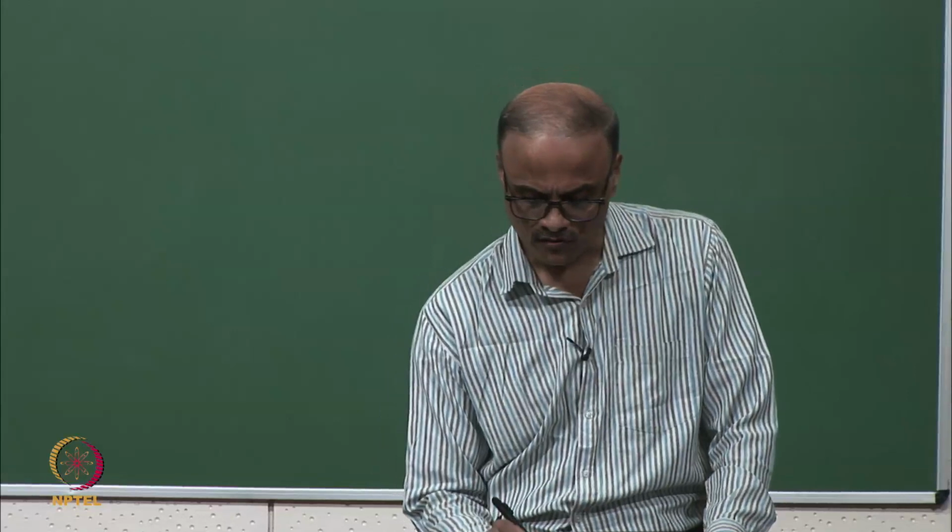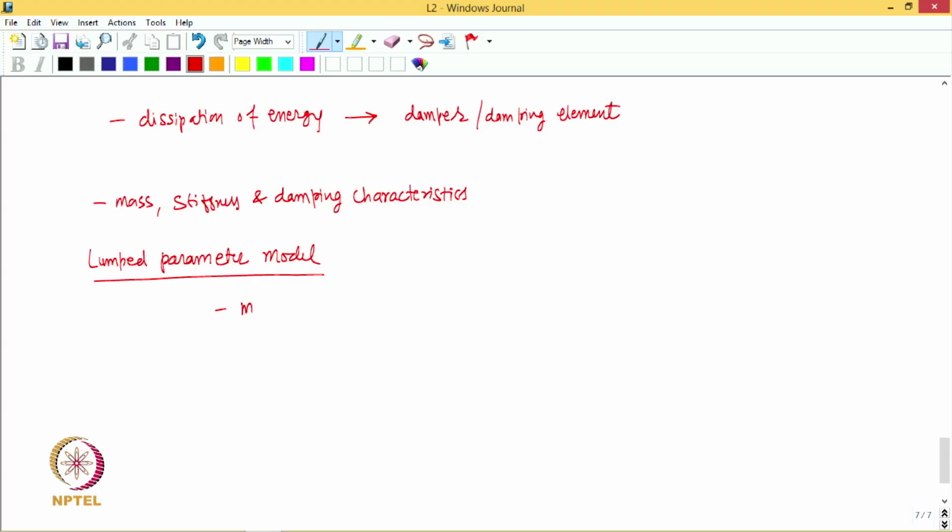In this, we represent the mass of the system by a rigid mass like this, okay. We represent the stiffness by a spring element like this with stiffness K, and we represent the damping characteristics of the system using a viscous damper.